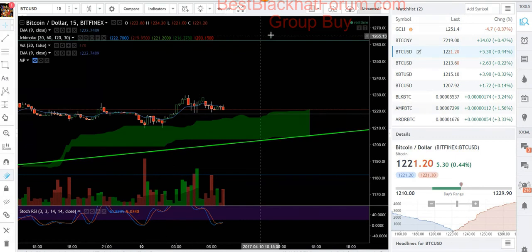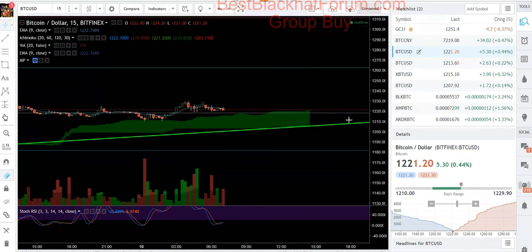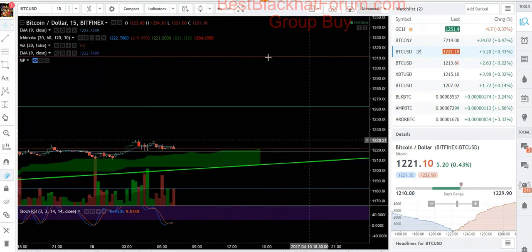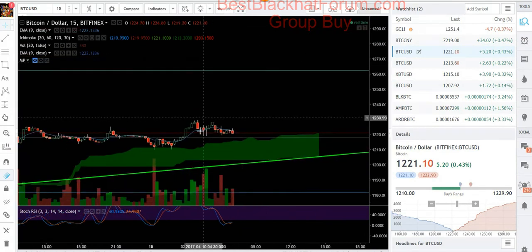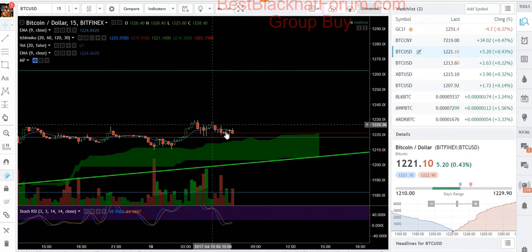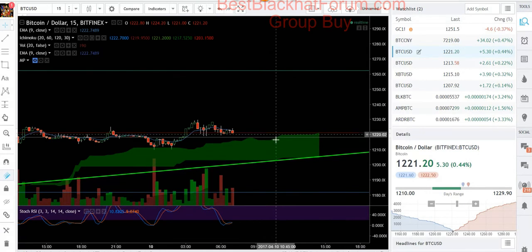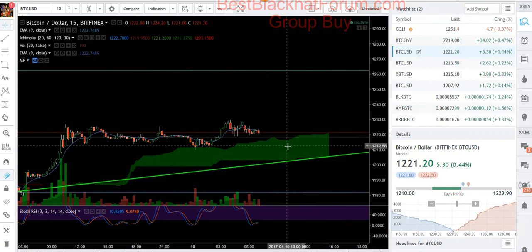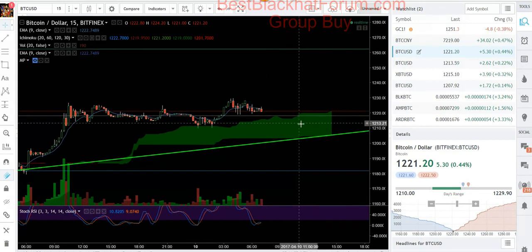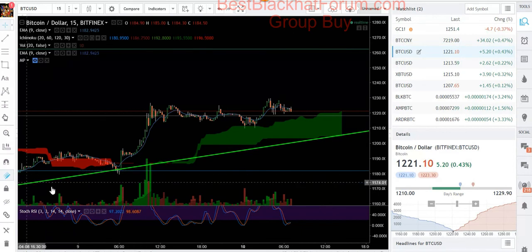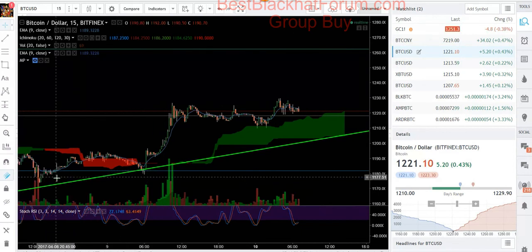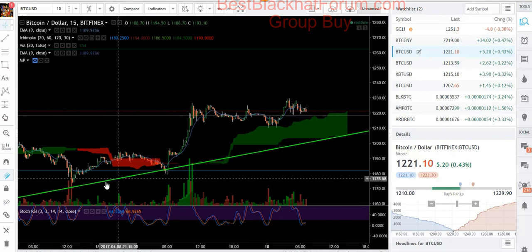Okay, if this thing is going to continue on up to our higher levels, up to our 1.13 area in here, it's going to have to respect this 15-minute cloud, and it will most likely consolidate in this area, maybe even come up a little bit, fake some people out, and then dump down to here, and then boom, bounce again. But until we break this cloud on the 15-minute, we're still moving up, and you can see here our trend line that we've been riding on for almost a week and a half since that 888 or 900 bottom. This is that line, the green line.